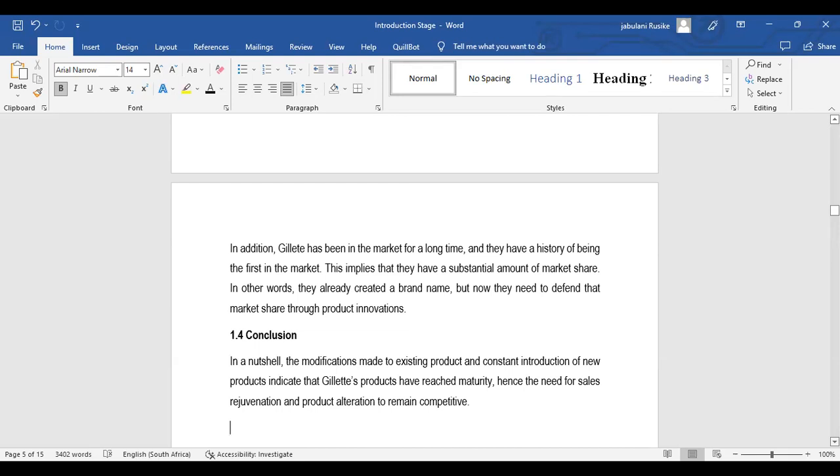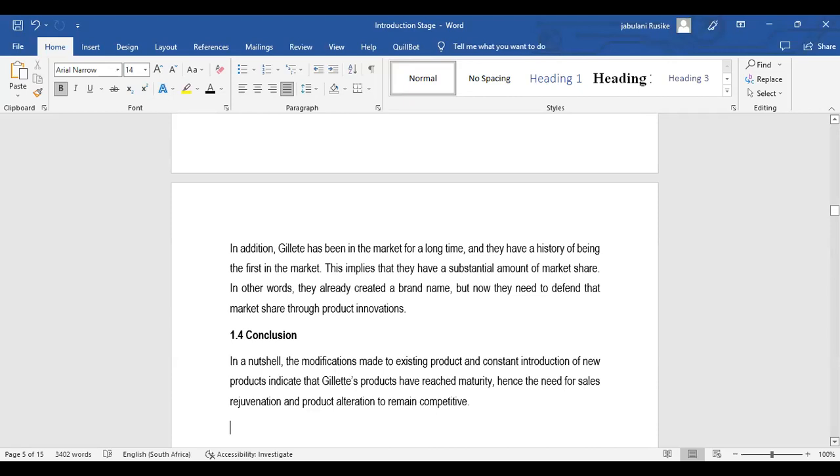This implies that there's a substantial amount of market share. In other words, they created already a brand name. They are known since 1901, so everyone knows about Gillette. The brand name has already been established because they passed through the introduction stage where they advertised extensively so that the people became aware of their product since 1901. In growth stage, they established their market share.